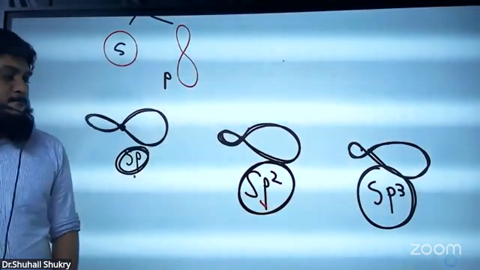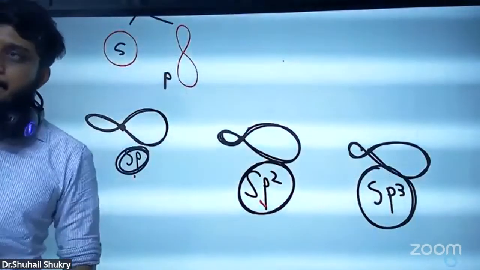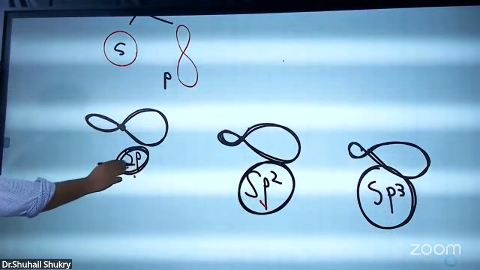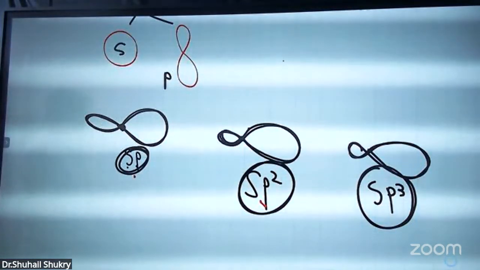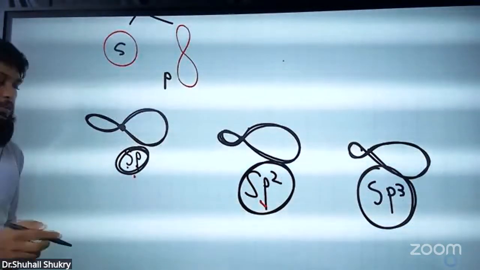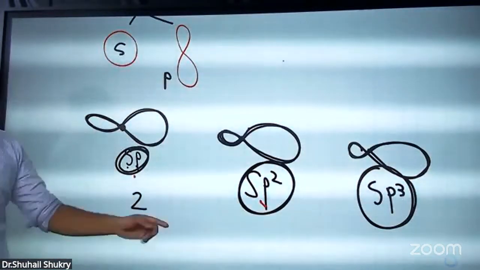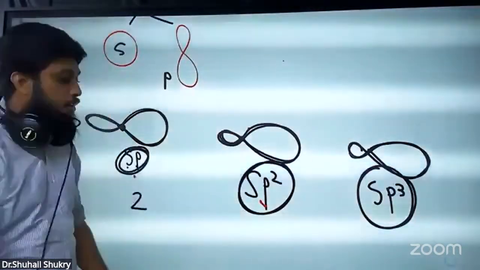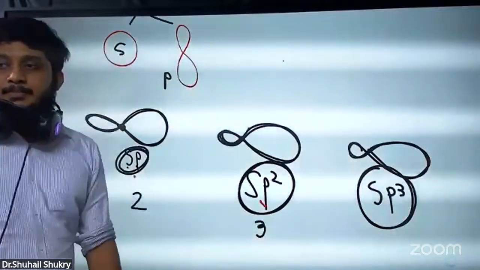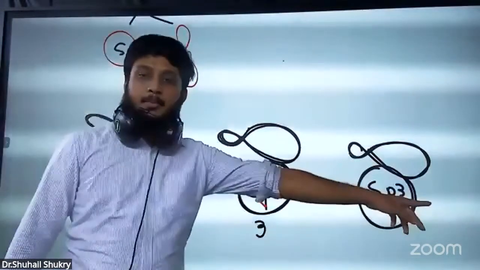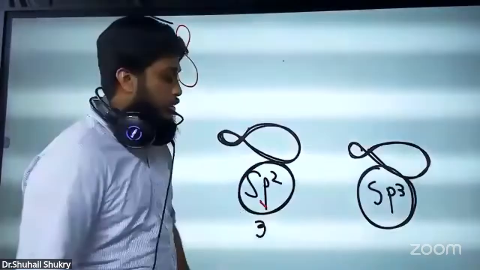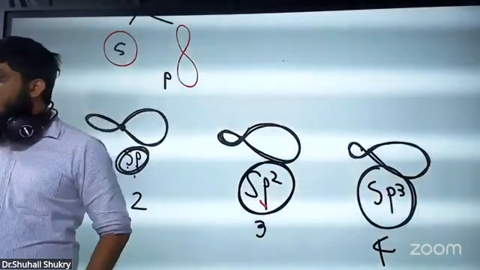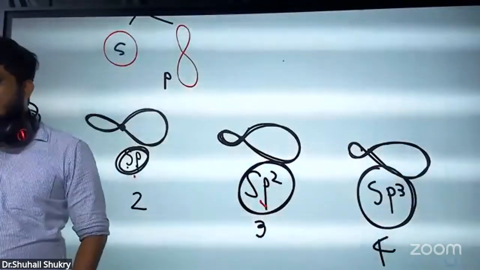Normally, sp hybridization means 1s and 1p have joined. Altogether how many are there? 2. Here 1s and 2p's, so altogether 3 hybridized orbitals. Here 1s and 3p's, altogether 4. Then there are 4 sp3 hybridized orbitals. That's how you see these things, right?